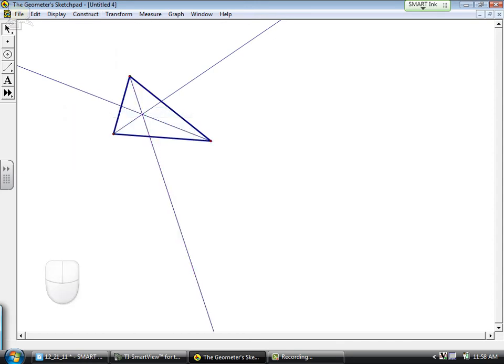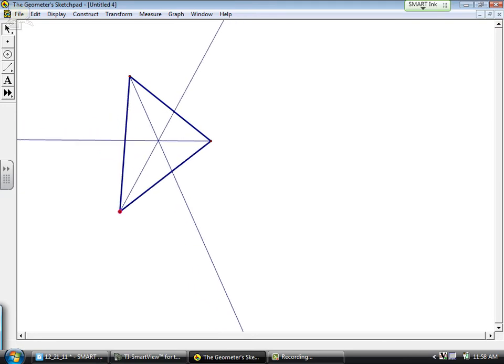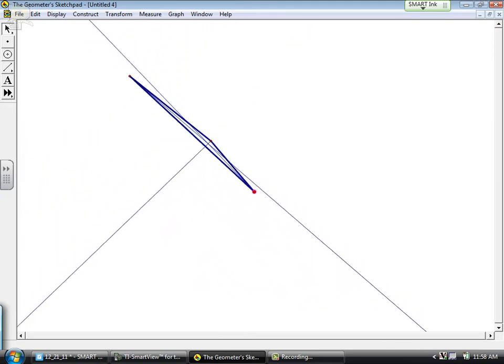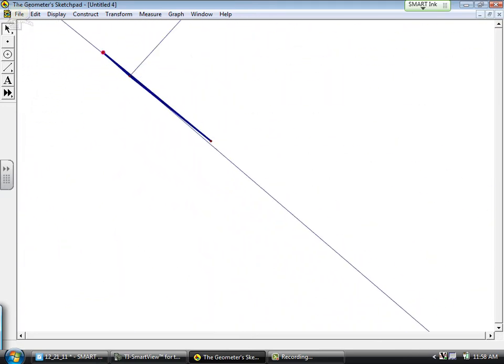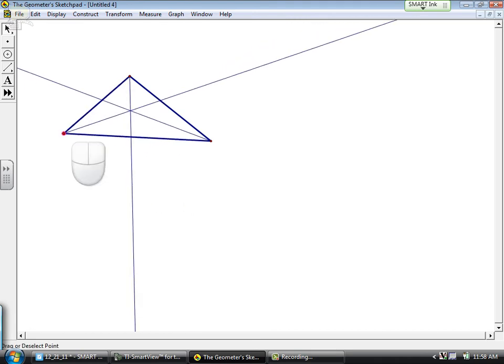They intersect. Will this point always be in the middle of the triangle? It looks like it. What type of center is this? It's the incenter, meaning it's the center of a circle that can be inscribed or drawn inside this triangle. So what I need is, in fact, a perpendicular construction for the radius.